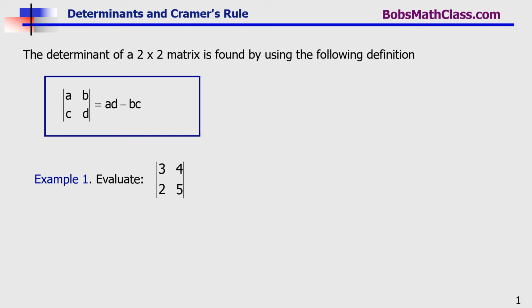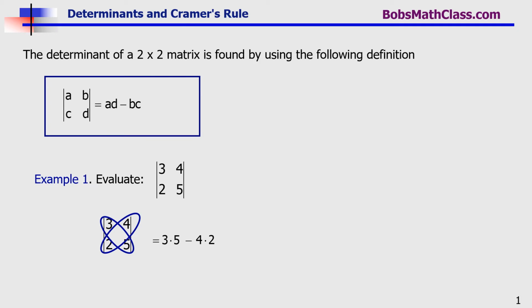All right, let's do our first problem. Here's our first problem, 3, 4, 2, 5. So our first step is to multiply the diagonal. So that's 3 times 5. Put that down. And then we're going to subtract the diagonal going backwards, starting with the 4 times 2. So minus 4 times 2.